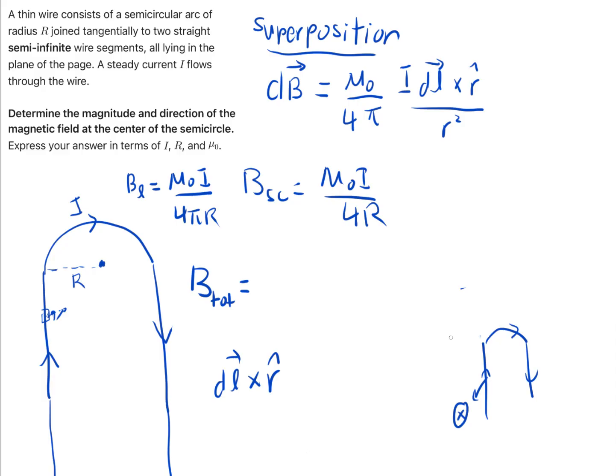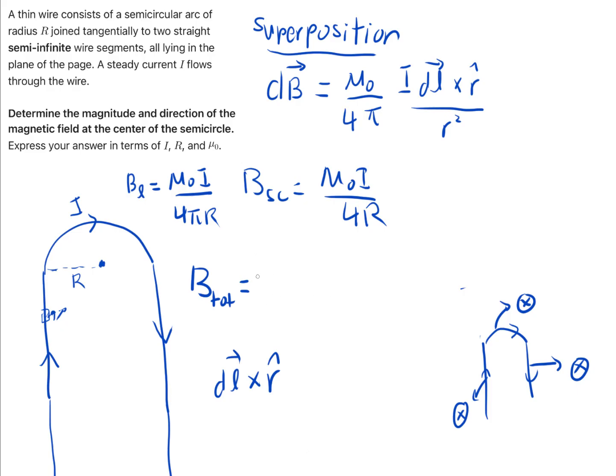Now let's figure out for the semicircle. Again, if we do the right-hand rule, it's also going to be pointing into the page from the semicircle. And then from the other side of the wire, this other semi-infinite wire, that's also going to be pointing into the page. So all three of the magnetic field vectors will be pointing into the page.